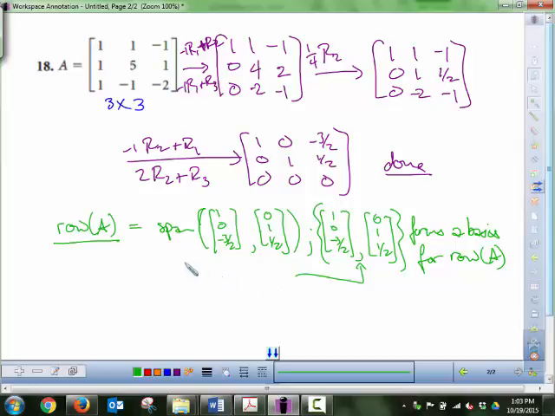This is a two-dimensional subspace in, where's my big vector space? R3. These are three-component vectors, so I must be living in R3, and this is a two-dimensional space in R3.